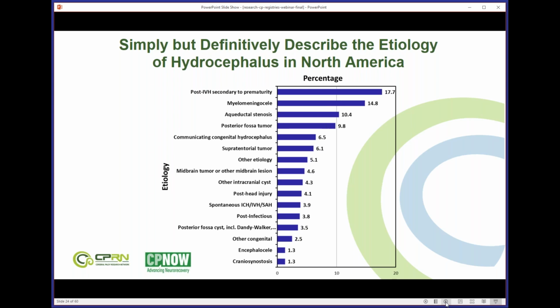It's simple, it's elegant, and it's representative. We see preemie IVH, which is common, CP and hydrocephalus, spina bifida, and various others you can see down there. So just a very simple descriptive statistic is crucial to planning future studies.